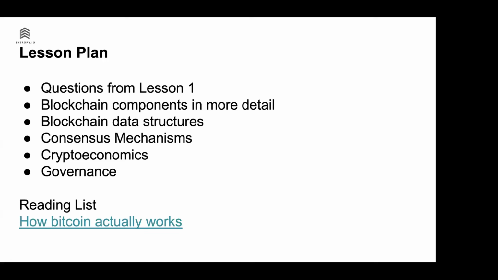These are the cryptoeconomics, which is really how we guide behavior amongst participants in blockchain systems. And then governance, which is about how a blockchain can develop over time, and how decisions are made about how the blockchain works over time.